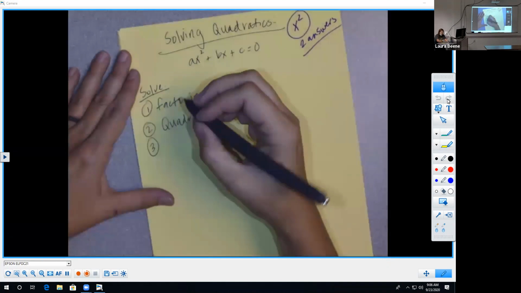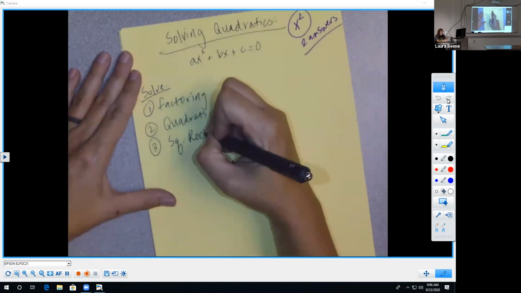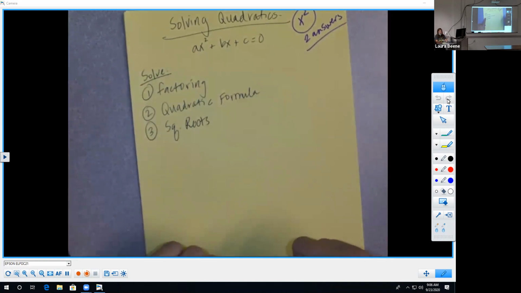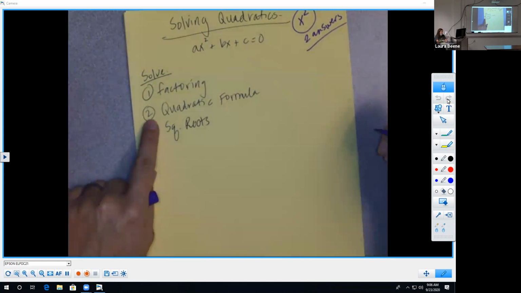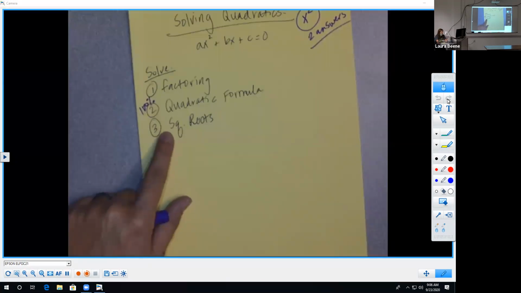Yep, solving using square roots. Okay, so which one of these always works no matter what? Not factoring, quadratic formula, thank you. Quadratic formula always works no matter what 100% of the time. Not very fun necessarily, but it works for sure every time.